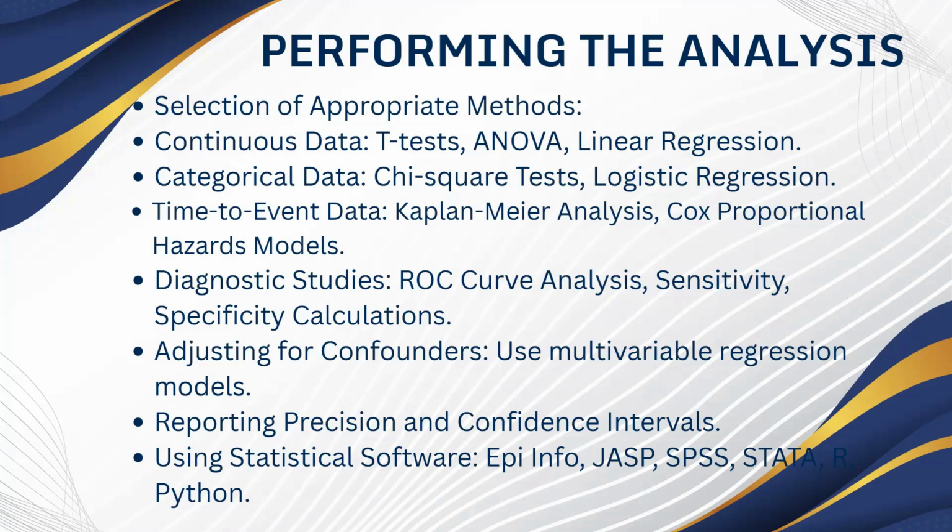Other more complicated inferential analysis, such as time to event data, is usually done in the clinical setting, where you have a specific time frame at which you want to measure an outcome, and you want to see the time it takes for a certain outcome.